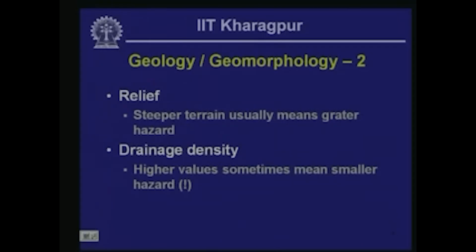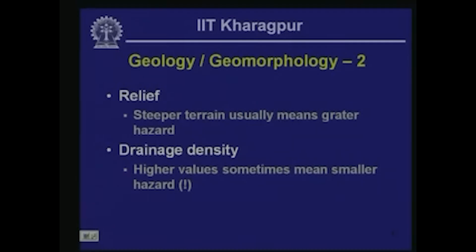In many places, what is seen is this: if you have got higher drainage density, that means higher lengths of drainage channels per unit square kilometer of the area for which you are trying to assess landslide hazard.